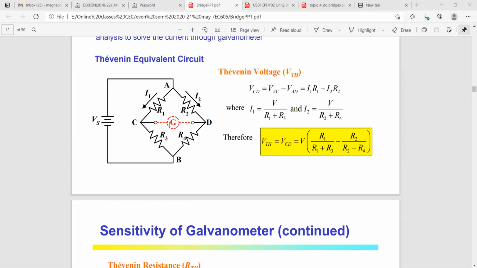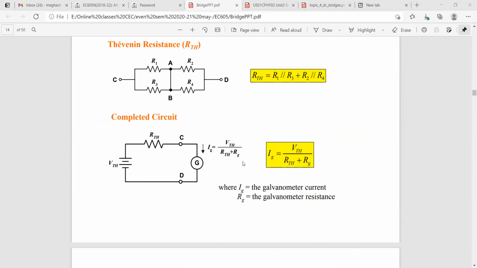If you check the previous diagram of the Wheatstone bridge, you can see R1 and R3 are parallel, and R2 and R4 are parallel. So we have simplified the circuit and written RTH, and once we get the RTH, we include it in the circuit as a single resistance and can find the galvanometer current. Regarding this portion, I will continue in my next class.